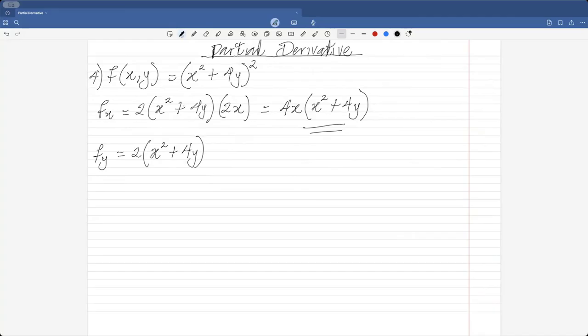The derivative of the inside with respect to y becomes 4. So our end result will be 8 open parenthesis x squared plus 4y close parenthesis, and that is the final answer. You can choose to open the parentheses if you want, and you can leave it like this also. It's still the same.